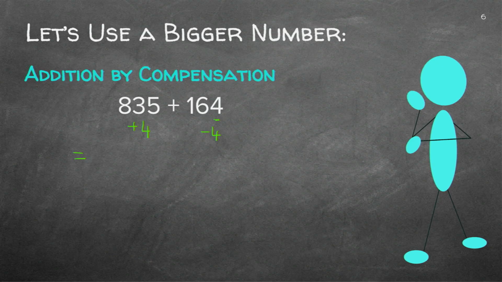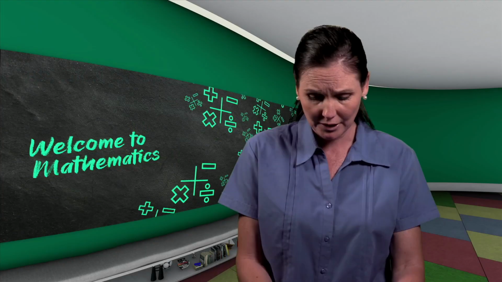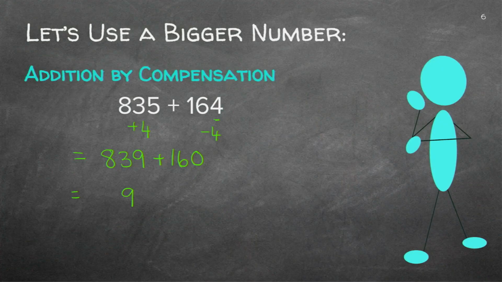So 835 plus 4 will give me 839, plus 160. And now it's much easier to add up. 0 plus 9 will give me 9. 6 plus 3 is 9. And 8 plus 1 equals 9. And that's how easy it is.